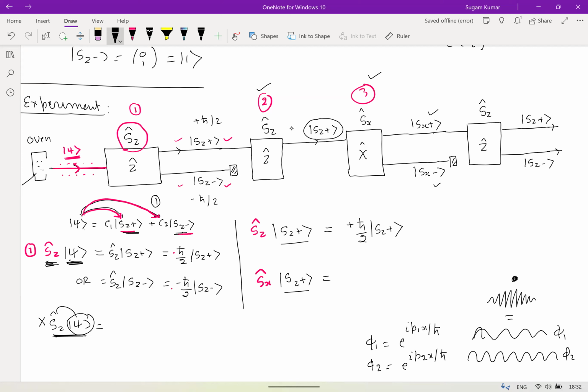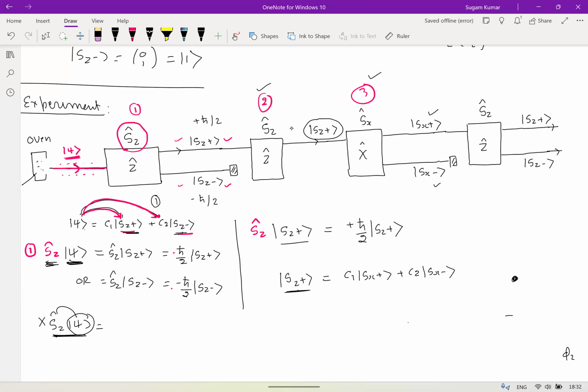The eigenstates of Sx are Sx plus, Sx negative. So first of all, you're going to write down Sz as C1 Sx plus and C2 Sx negative. This is the first step. You must express the ket Sz in the linear combination of the eigenstates of Sx.